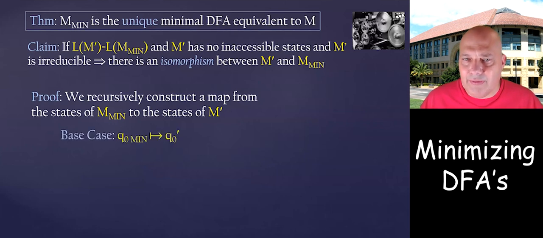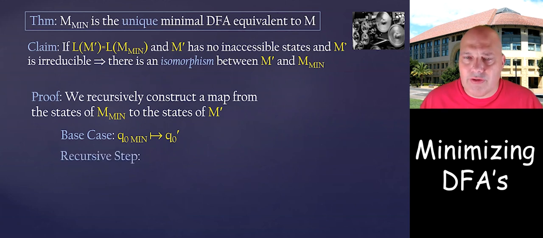So let's define the mapping, and later we'll remind ourselves what the conditions of isomorphism are that we need to prove. So the base case is just that a start vertex is mapped to a start vertex. So the start vertex of M min, Q0 min, is mapped to Q0 prime, the start vertex of M prime.